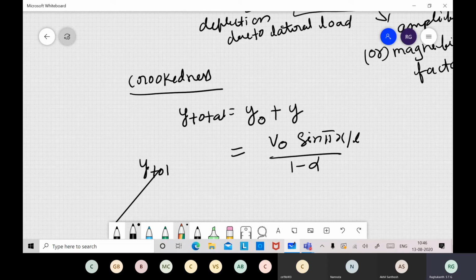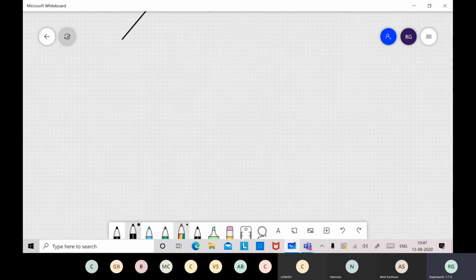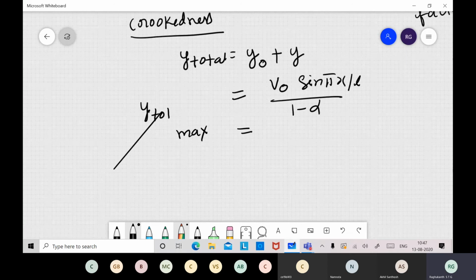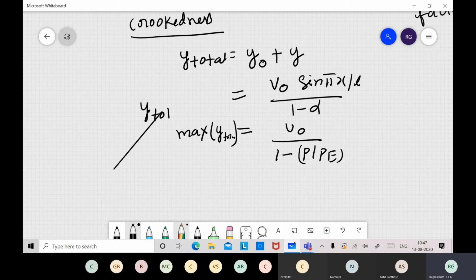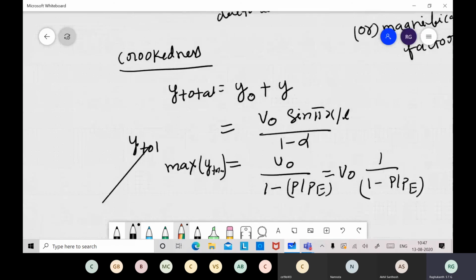And if you write this as the maximum deflection, sine pi x by L goes away, so finally we wrote v naught, the maximum deflection, 1 minus P by Pe, of your y total. And v naught was our initial deflection. So v naught, 1 by 1 minus P by Pe. You followed? So this was for the crookedness actually.